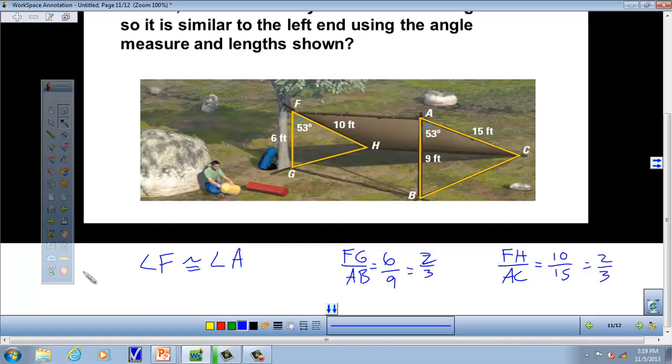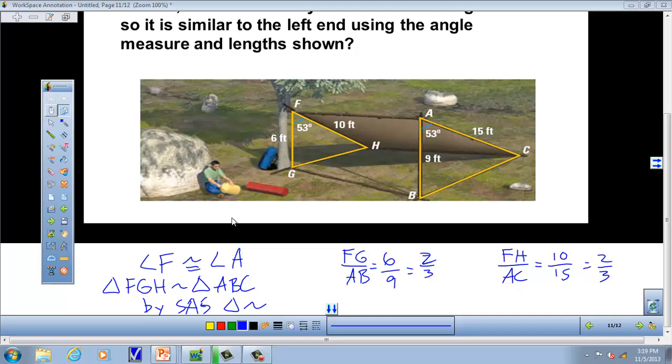So in this case we can say that triangle FGH is similar to triangle ABC by side, side, side. I'm sorry, not side, side, side, but side, angle, side, triangle similarity. Okay? We've got our side, our angle, our side. Good?